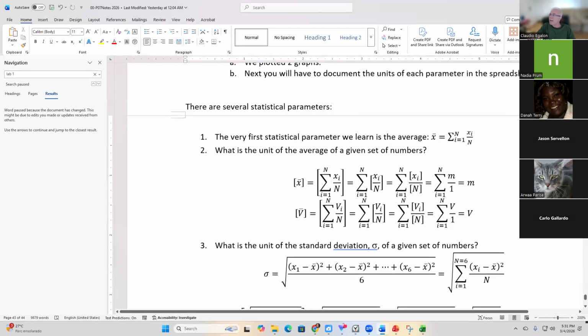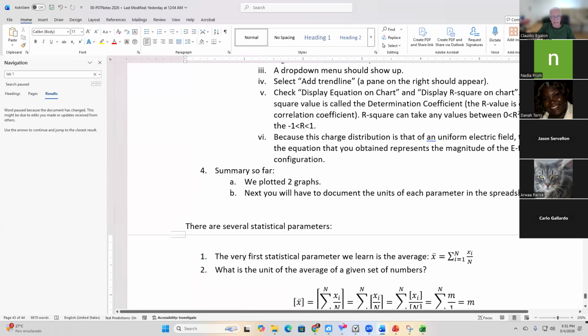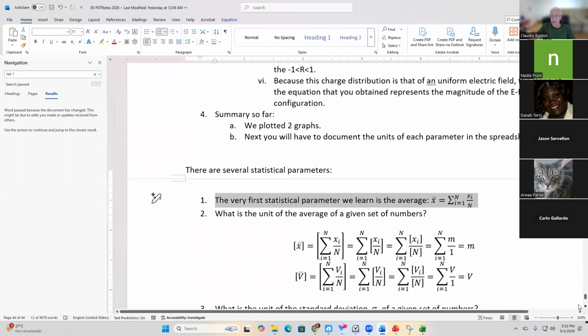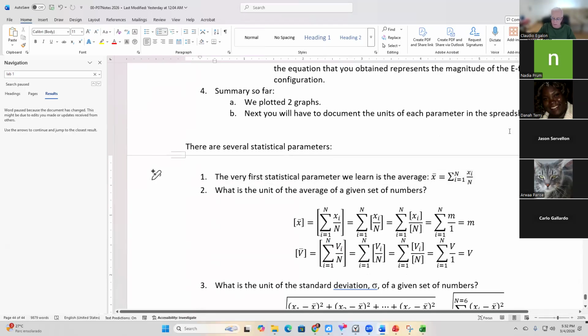Anybody want to try it? The very first statistical parameter we ever learned is the average. Here's the equation for the average.